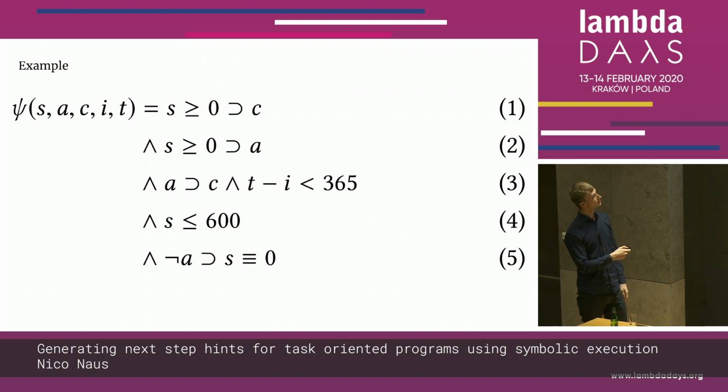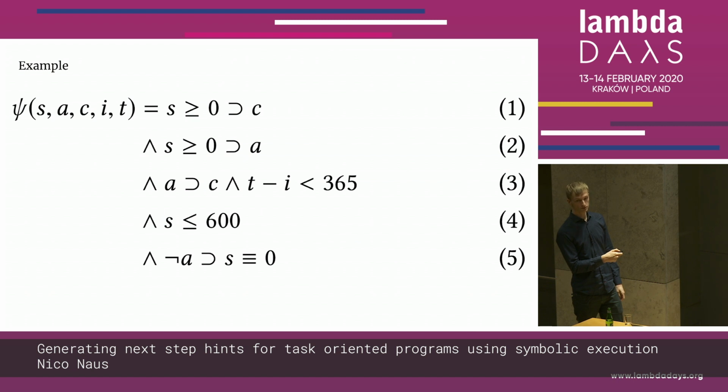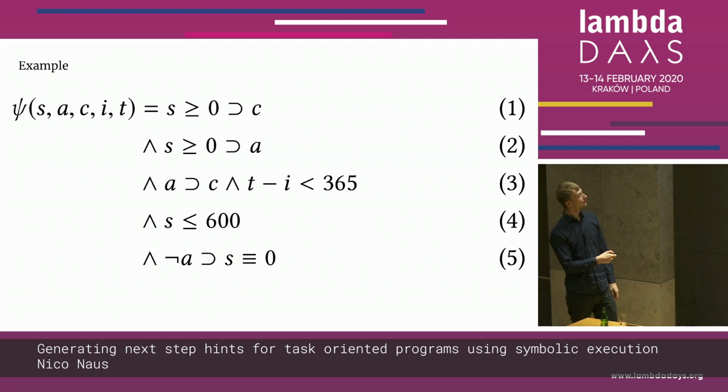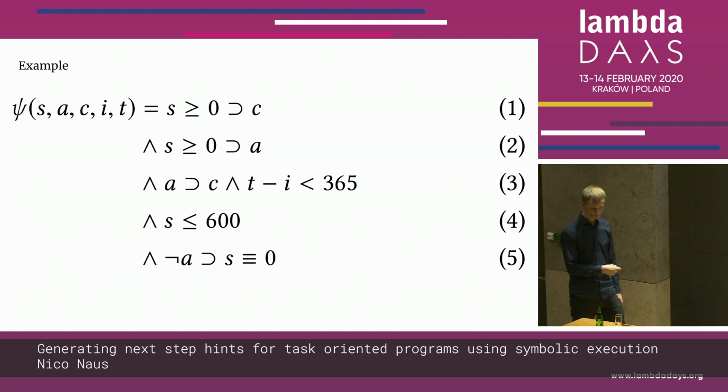So the subsidy amount is only larger or equal to 0 if we have confirmation, and it's only larger or equal if we have approval from the tax office, and we can only have approval if we have confirmation and if we were on time with our application. The subsidy amount shouldn't be larger than 600. And of course, if we don't have approval, we should have 0 subsidy.